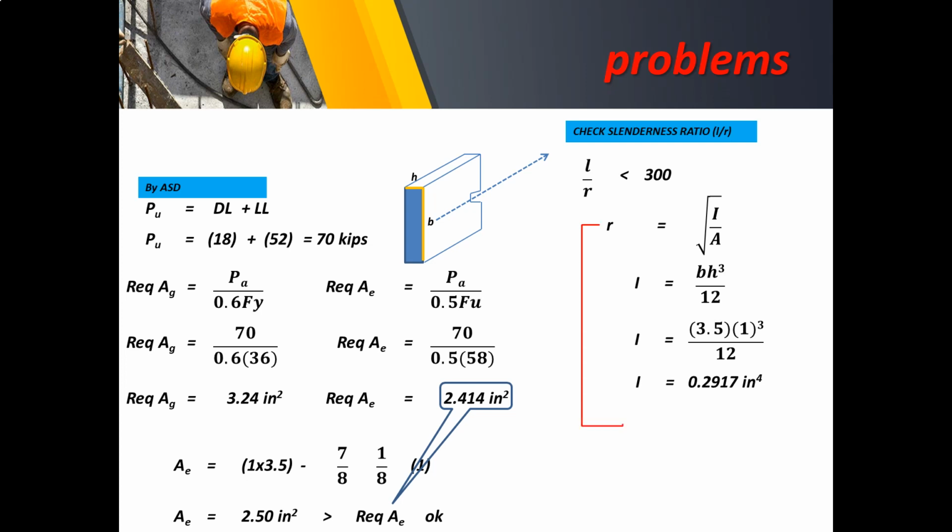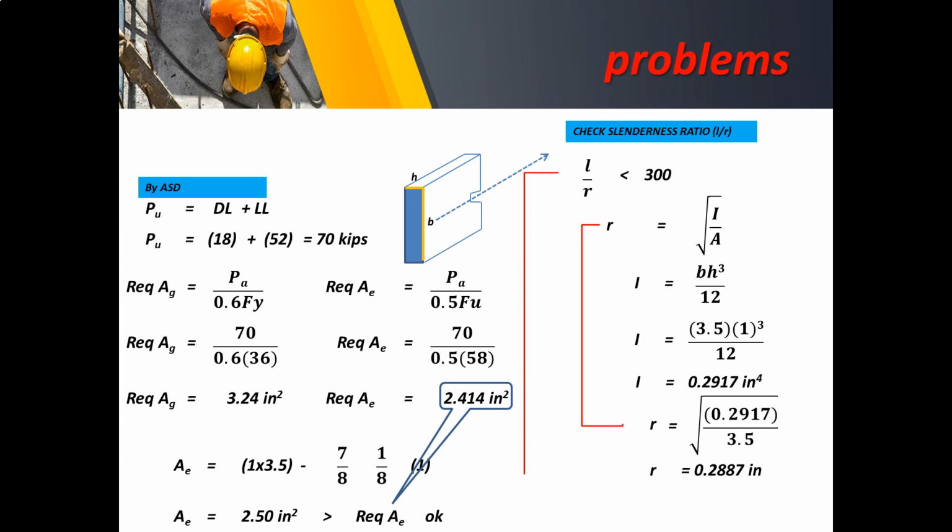Knowing I, of course, we go back to the calculation of the radius of gyration, wherein we just substitute 0.2917. Our area is 3.5 because the section derived was 1 by 3.5 inches. So therefore, the radius of gyration is 0.2887.